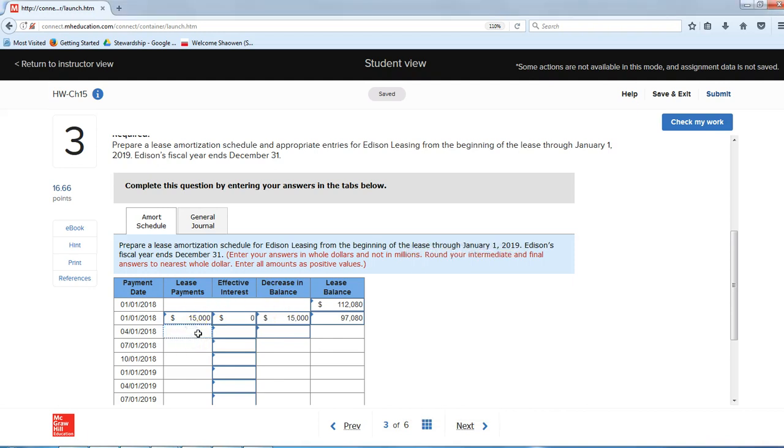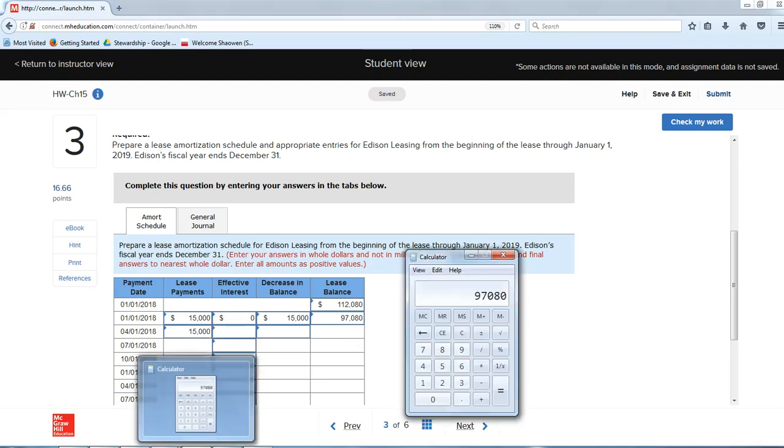The next payment is on April 1st. Still, the lessee paid the lessor $15,000. But this time, 3 months have passed. So we will take the previous balance and multiply by the interest rate.